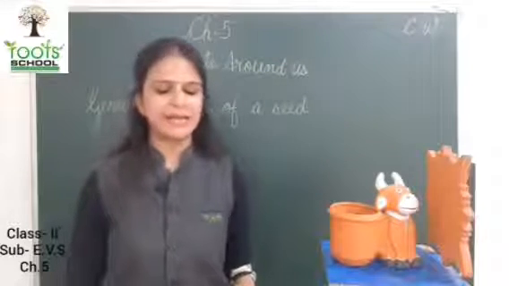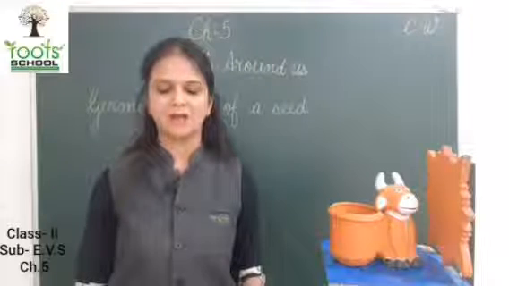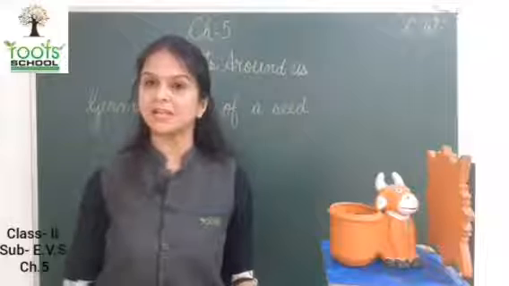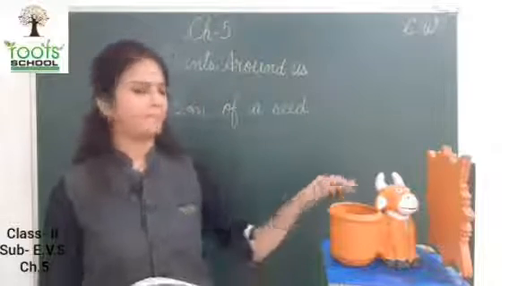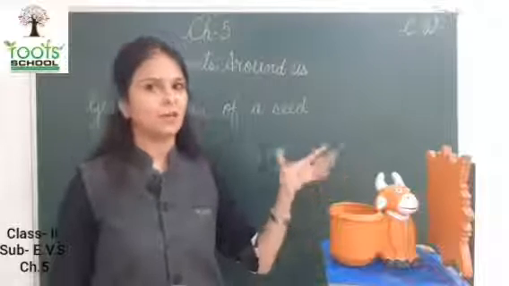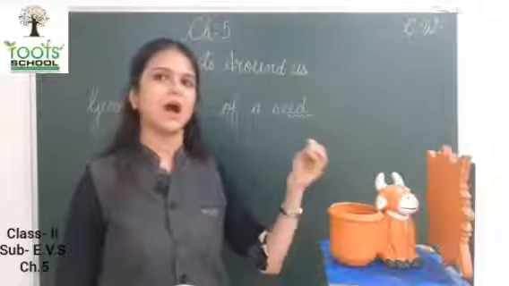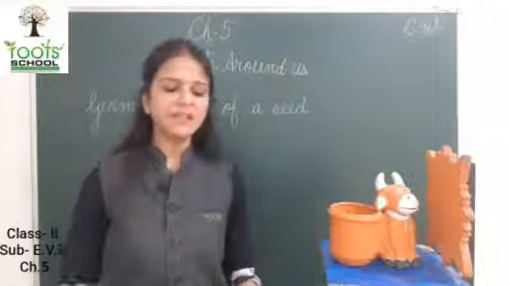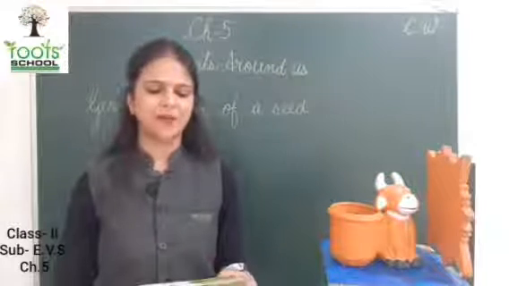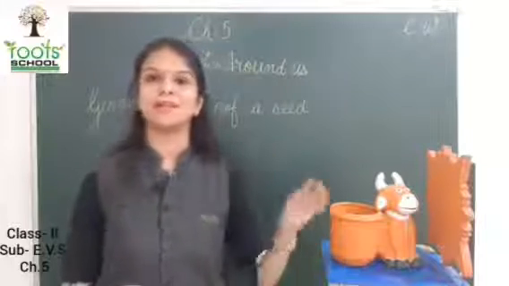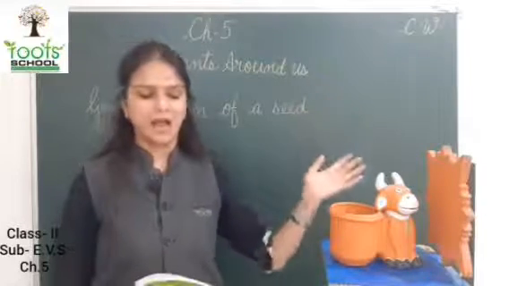A seedling is a newborn plant with 2 to 3 young leaves. Now we have put some seeds in this. After few days it will grow and some leaves will come out. 2 or 3 leaves will come out. With time this young plant grows into a plant and after some days it will become a plant.